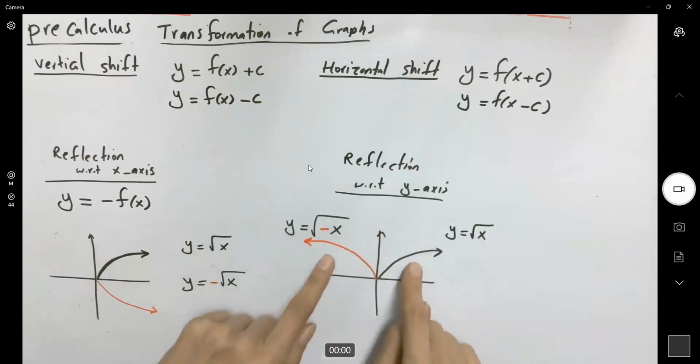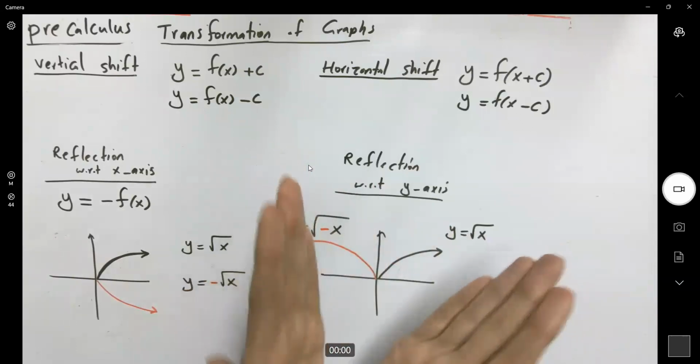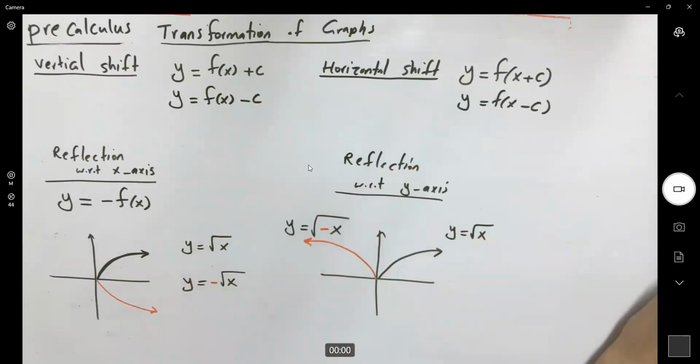It means that these two graphs are mirror images of each other. If I just fold this paper with respect to the y-axis, they are mirror images of each other. We have reflection with respect to the y-axis.